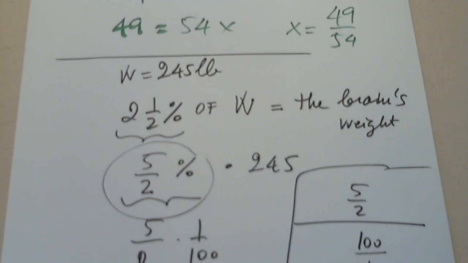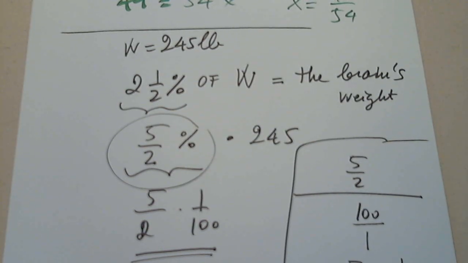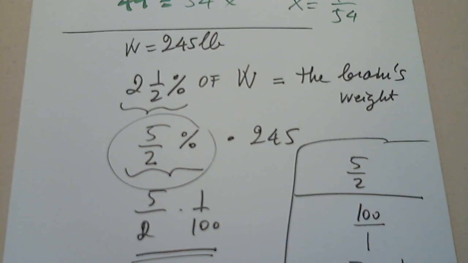So let me write it again here. Division by, give me any number you want, I'll write the definition. Division by 12, very good, is multiplication by what?